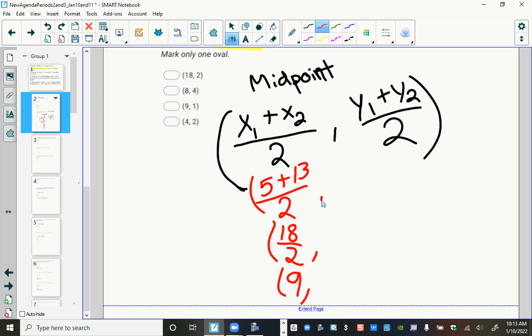Well, what about our y values? What are our y values? -4 and 3? -1 and 3. Okay, my fault. What is -1 plus 3? Watch your signs. 2. And then what's 2 divided by 2? 1.